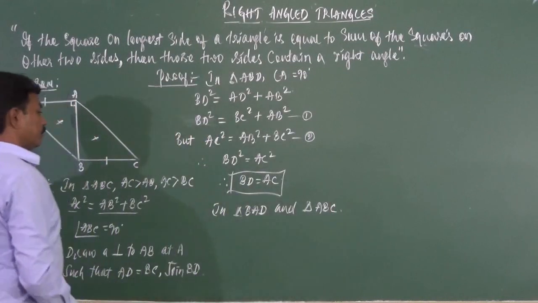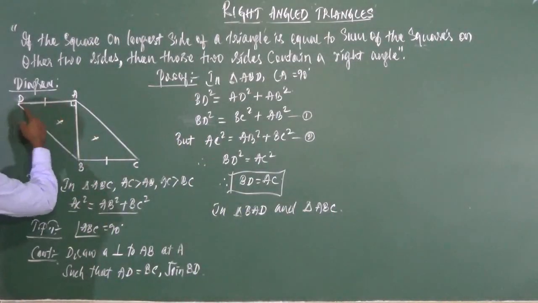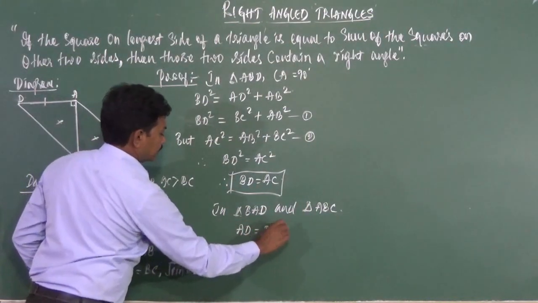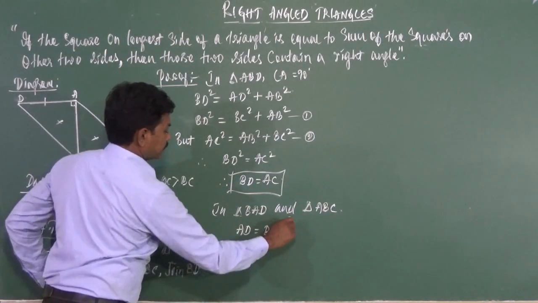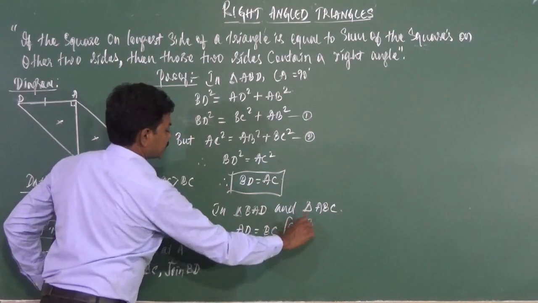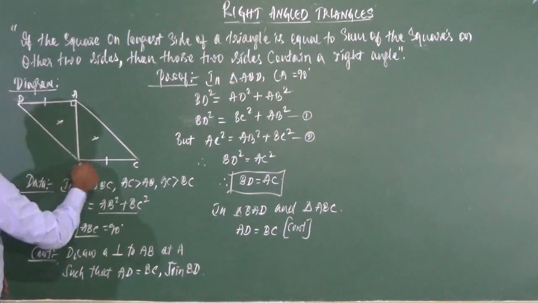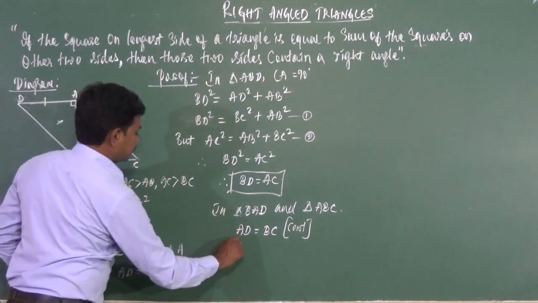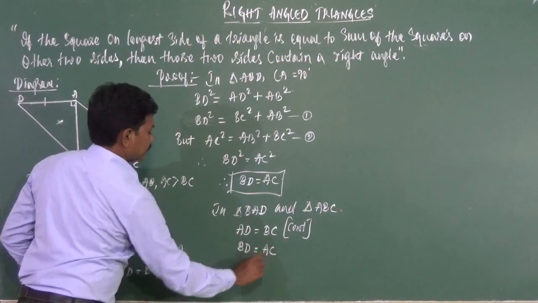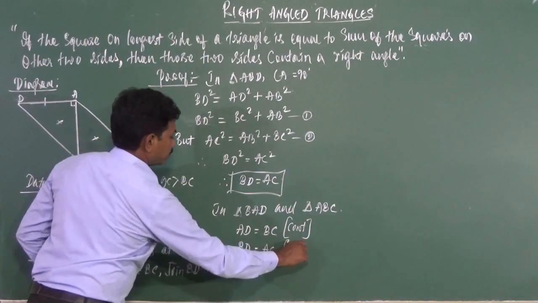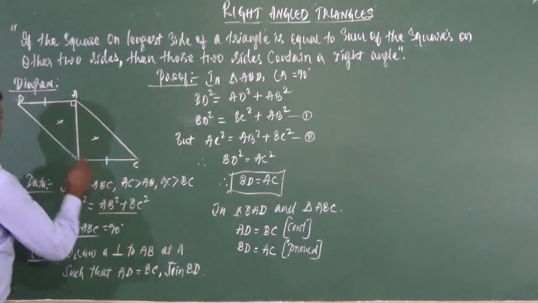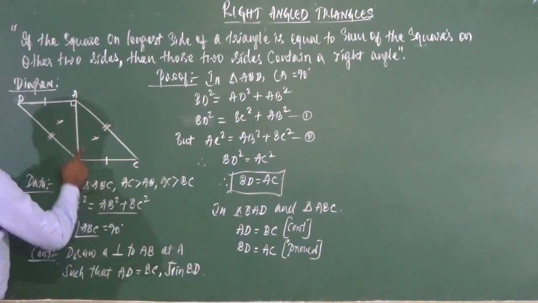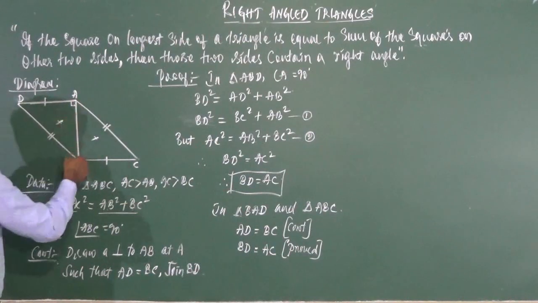Now AD is equal to BC. This is according to the construction we have got. So AD is equal to BC, and just now we have proved that BD is equal to AC. And for both the triangles AB is common.